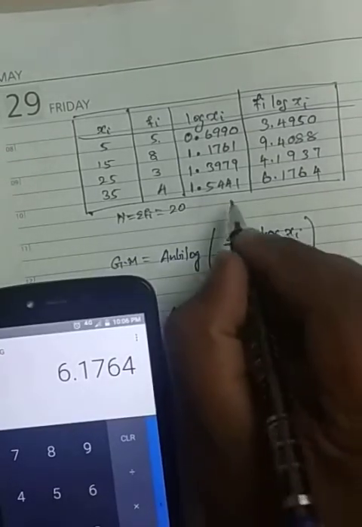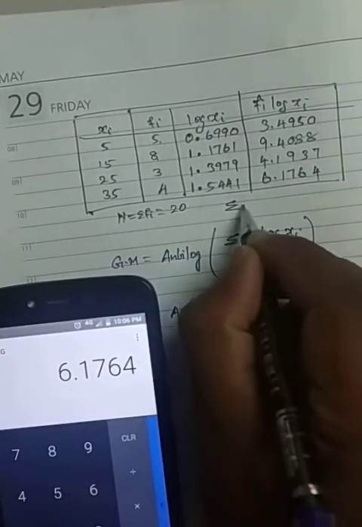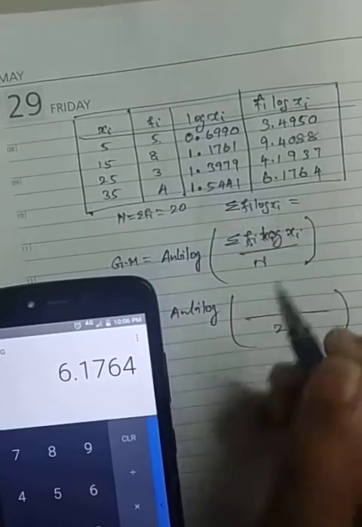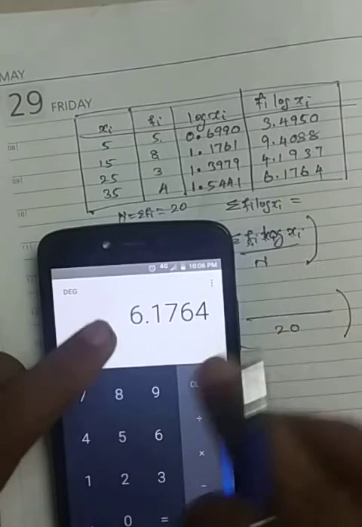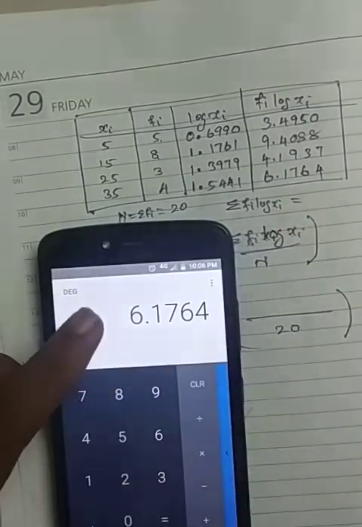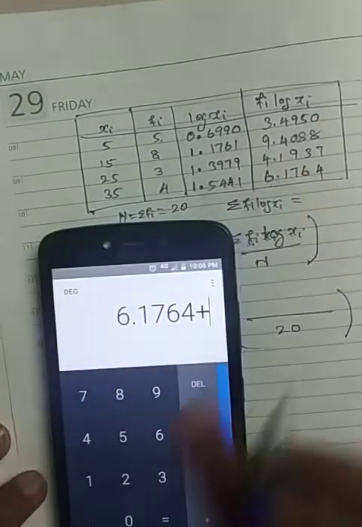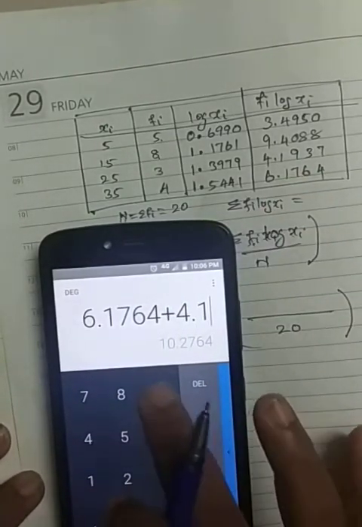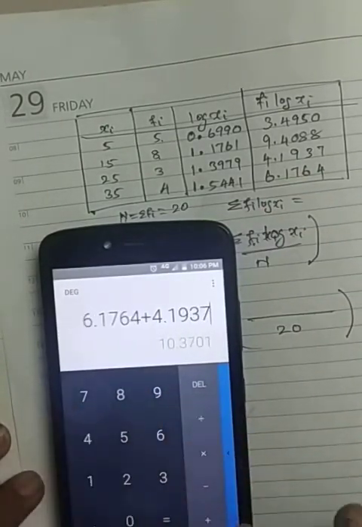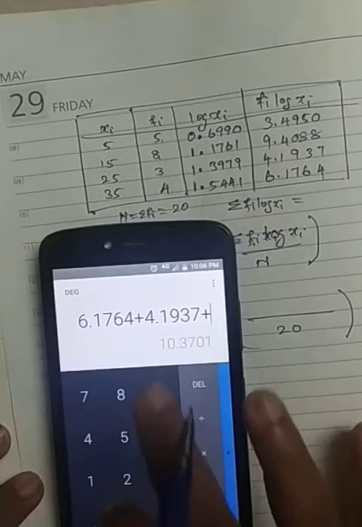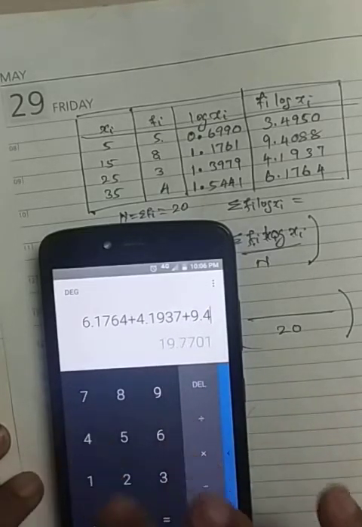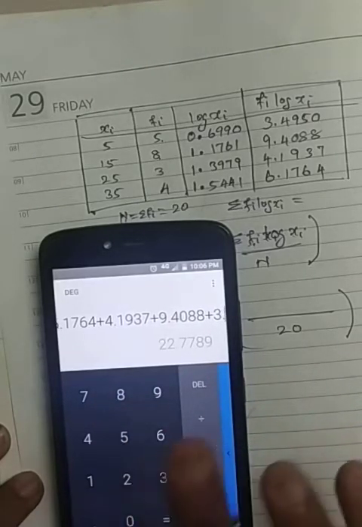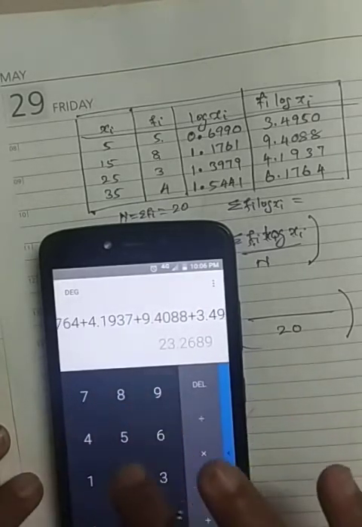Now I have to add. Sigma is nothing but summation of fi log xi, that we need to do here. Since I have 6.1764 as the last number, I add it with 4.1937, then 9.4088, then 3.4950.